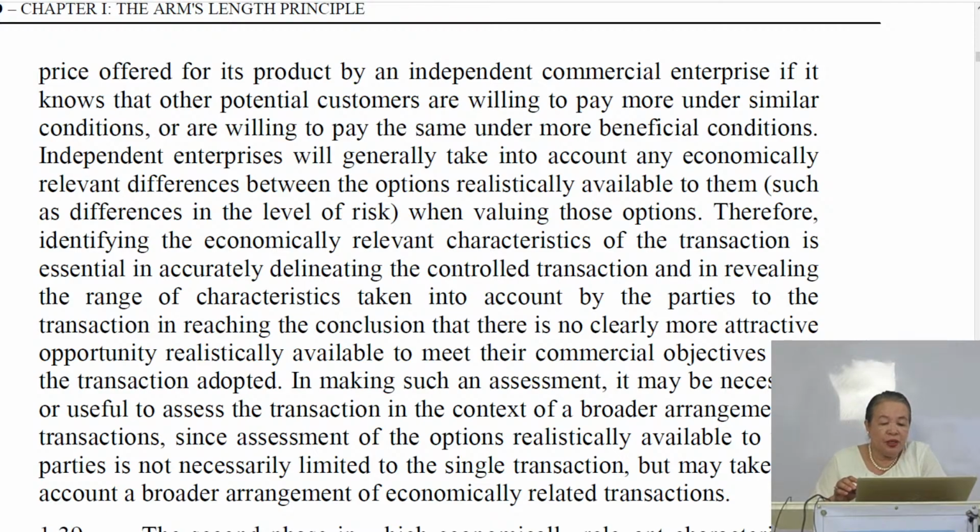Independent enterprises will generally take into account economically relevant differences between the options realistically available to them, no? Such as differences in the level of risk, no? Mas risky ang independent compared dun sa related parties when valuing those options.